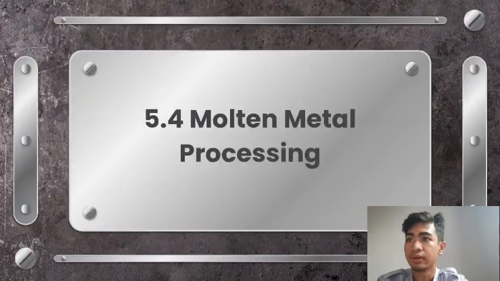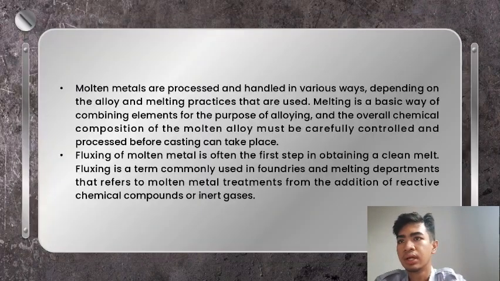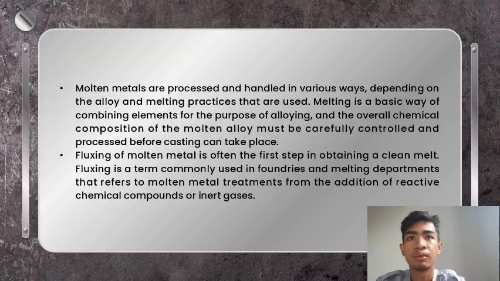Okay, next is 5.4, molten metal processing. Molten metals are processed or handled in various ways depending on the alloy and melting practice that are used. Melting is a basic way of combining elements for the purpose of alloying, and the overall chemical composition of the molten alloys must be carefully controlled and processed before casting can take place.